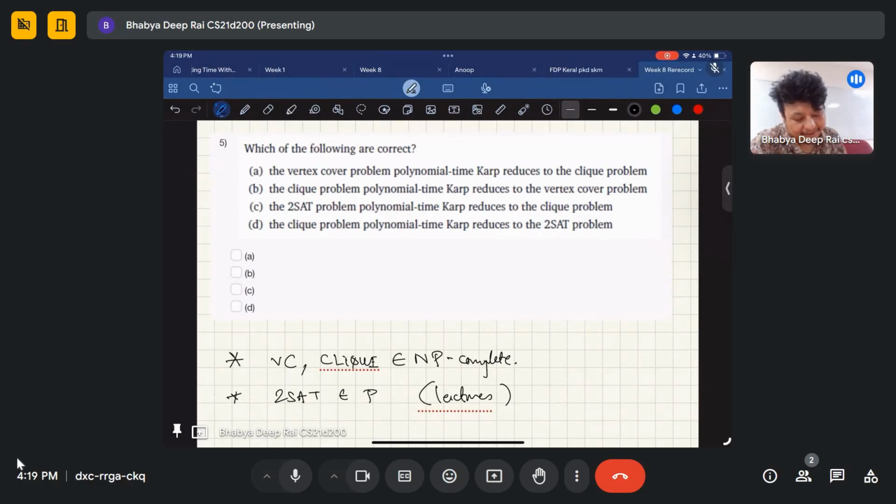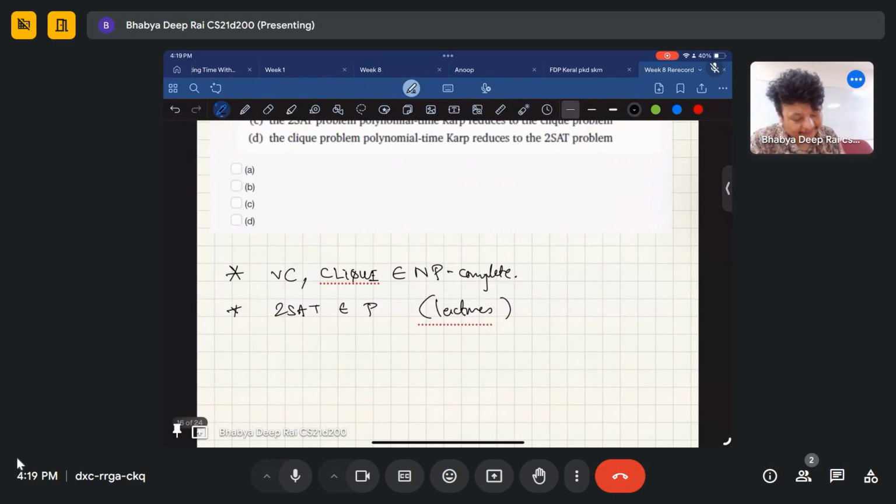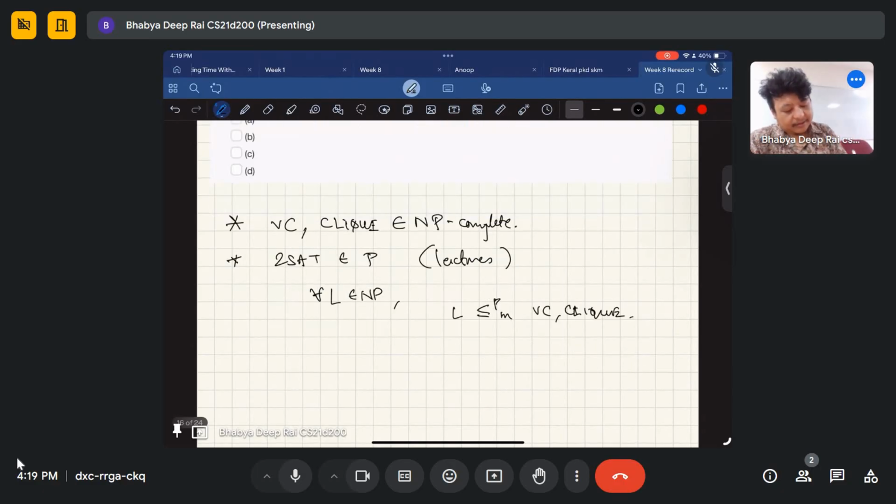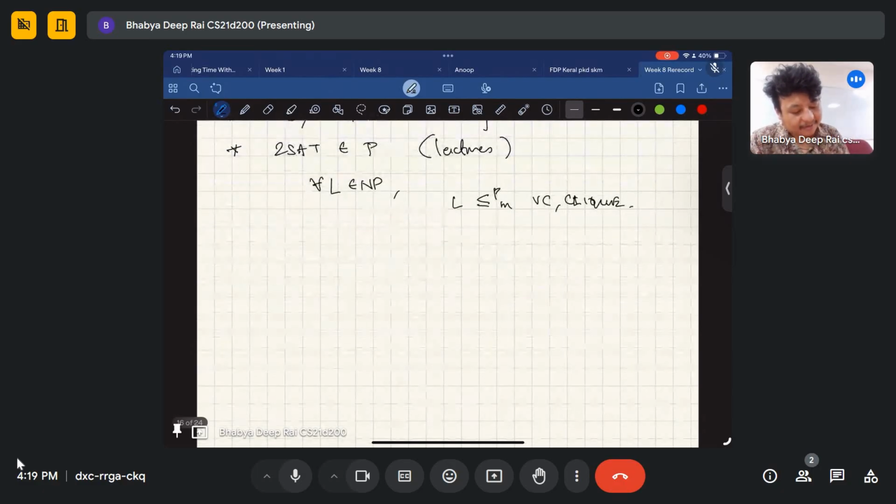So what does vertex cover, clique being NP complete mean? Anything that is in NP will actually reduce to VC and clique. For all L in NP, L reduces to vertex cover as well as clique. Right. So which means that 2SAT will also reduce.